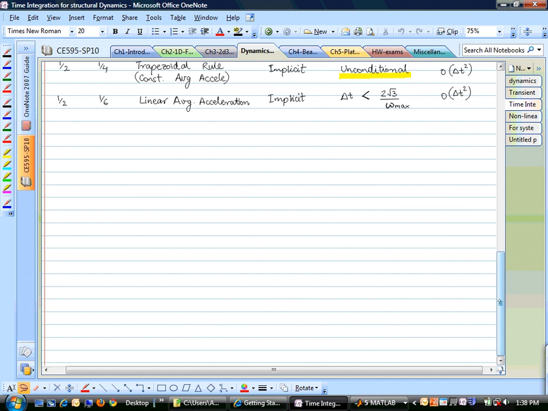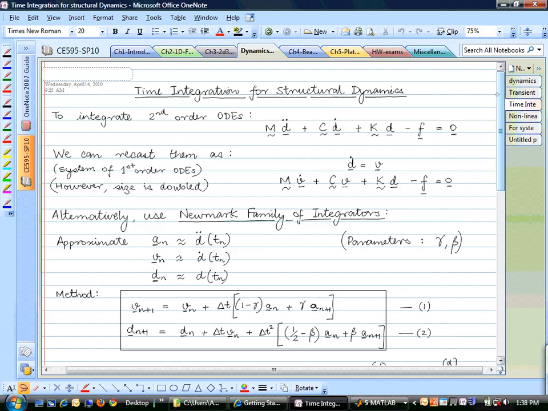So the same idea we sort of extended to structural dynamics, which was a second order differential equation. One way was that we could convert this second order equation to a system of two first order equations. So is there some drawback to this?